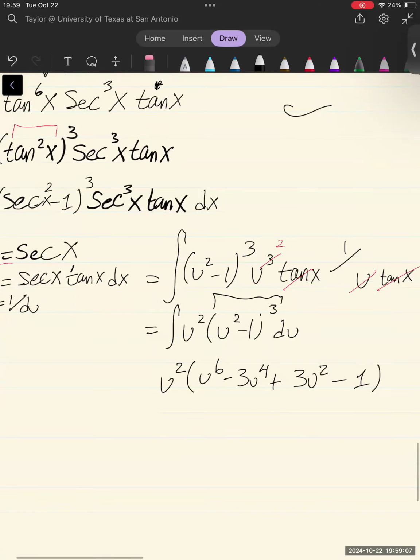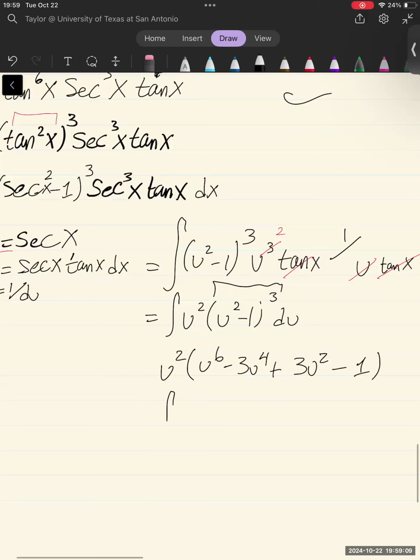And then one more distribution, I get the integral of u to the 8th minus 3u to the 6th plus 3u to the 4th minus u squared. Everybody still following me?